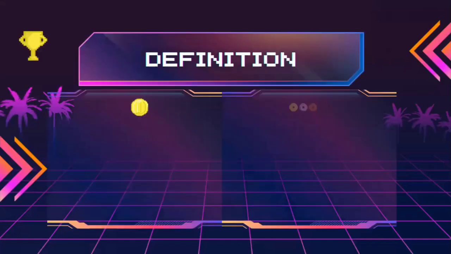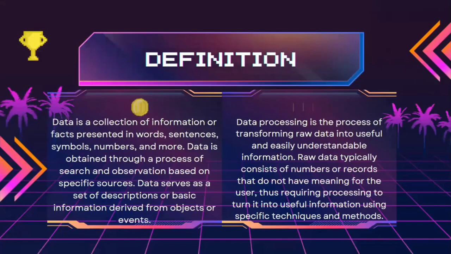Below are two examples of the meaning of data. Data is a collection of information or facts presented in words, sentences, symbols, numbers, and more. Data is obtained through a process of search and observation based on a specific source. Data refers to a set of descriptions of basic information derived from an object or event.